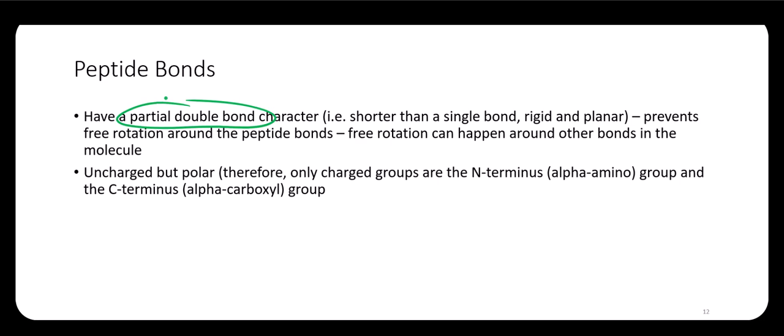So it's shorter and no rotation, which sounds like a double bond, but it's not. A wannabe just wants to be that thing, but it isn't. So the proper way of saying that is we have partial double bond character. It acts like a double bond, even though it isn't. We have some polarity in that bond, and we'll talk about that in a minute.